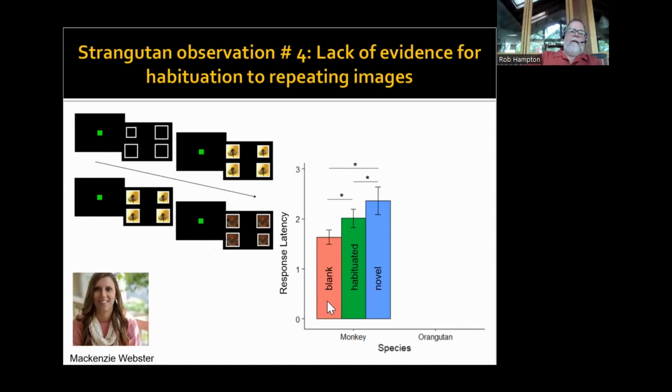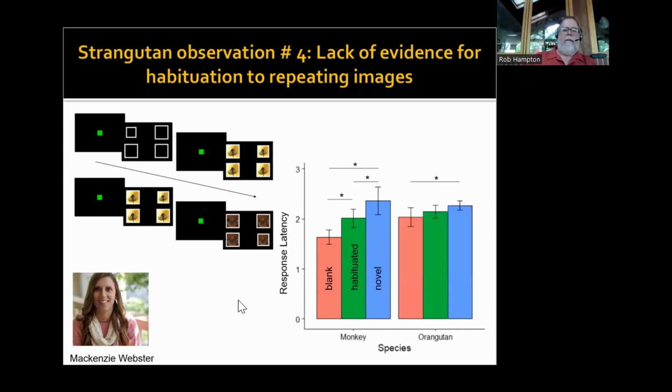If it's blank squares, they're quite quick. If it's images that they're habituated to, that is, they've seen them multiple times now, they're intermediate speed in finding that small target. And if they're novel, well, the kind of thing we expected. They're interested in the image maybe, or the image is interfering with their ability to find the smallest one, and they show the slowest response pattern there.